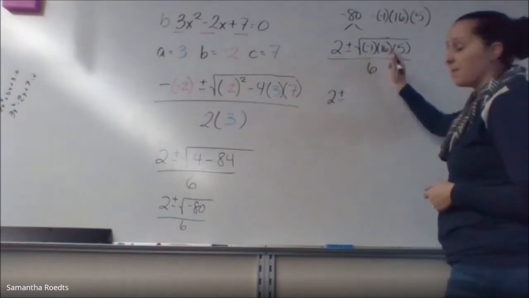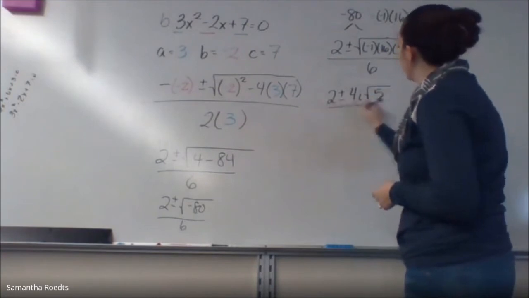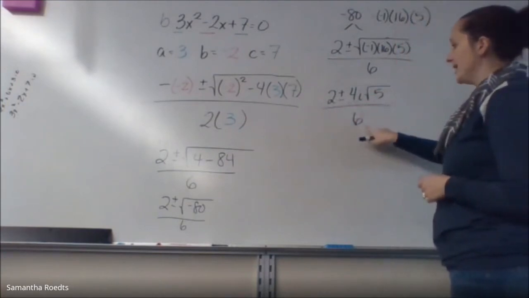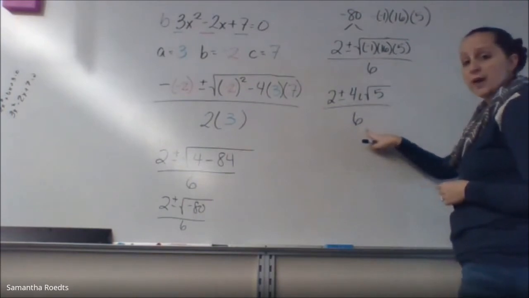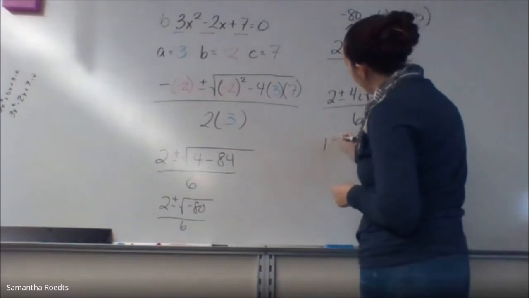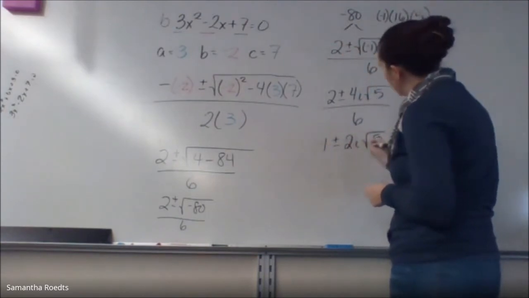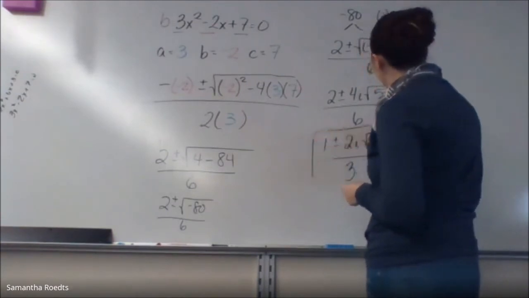Square root of 16 is 4. Plus or minus 4i square root 5 over 6. I have a 2, a 4, and a 6, which can all be simplified by 2. 2 divided by 2 is 1. 4 divided by 2 is 2. 6 divided by 2 is 3. So this is my final answer.